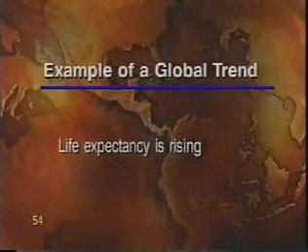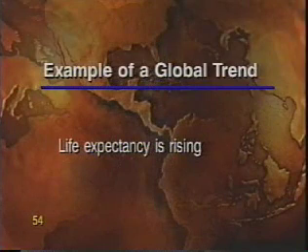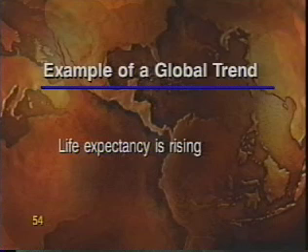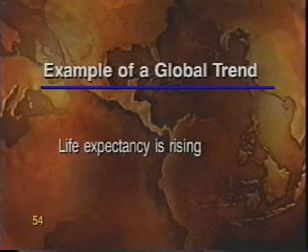For example, a current trend is that life expectancy is rising. This trend may be the result of rising living standards, which include better health care, more nutritious food, better medical knowledge and services, more effective drugs, and many other items.